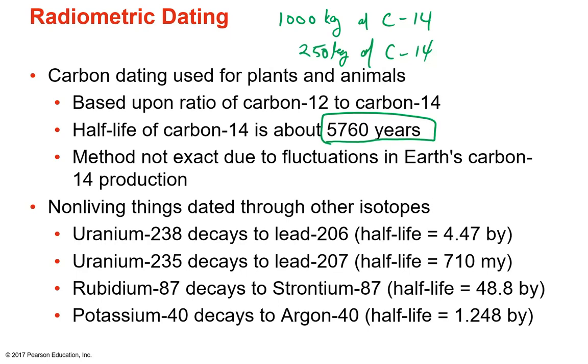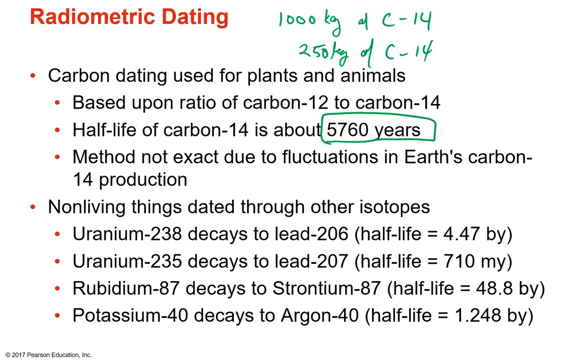But there's, of course, some inherent flaws. Because how do we know how much of the atom it started with? You weren't there, so you don't necessarily know. So you have to make some assumptions. Now, the first bold and known wrong assumption is that, well, what's the fraction of carbon-14 to carbon-12 in the air right now?